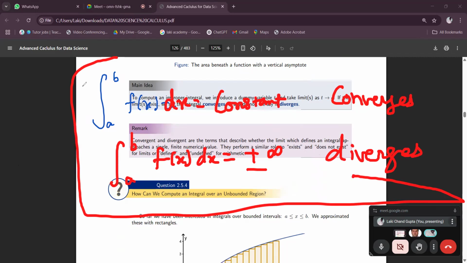Diverges means the function has no bound. No bound means it is continuously increasing toward the infinity side or minus infinity side. That's why this is called an unbounded function. But when the integration of any function is constant, you can say it converges.